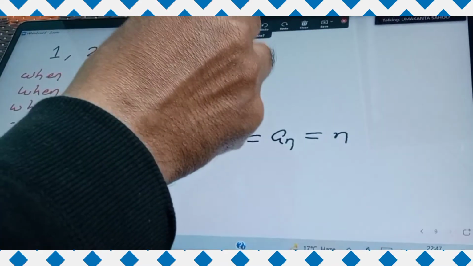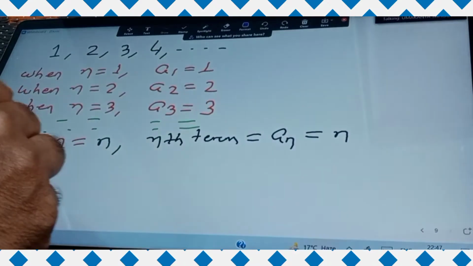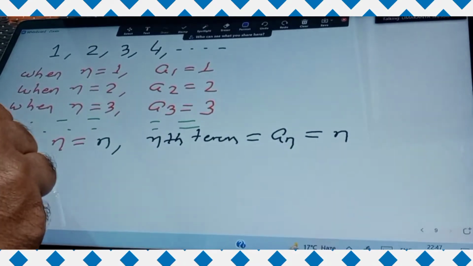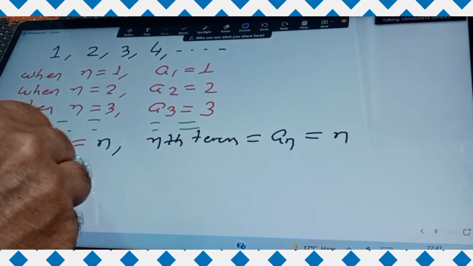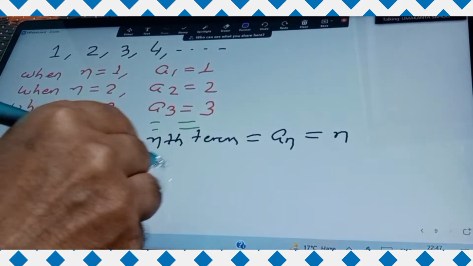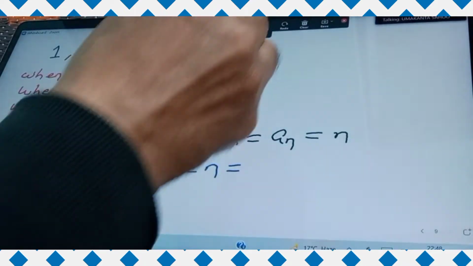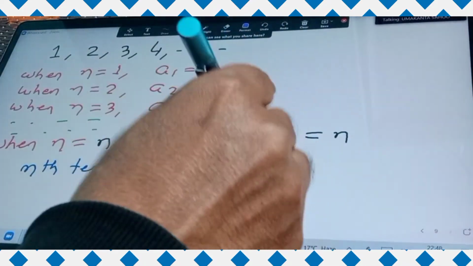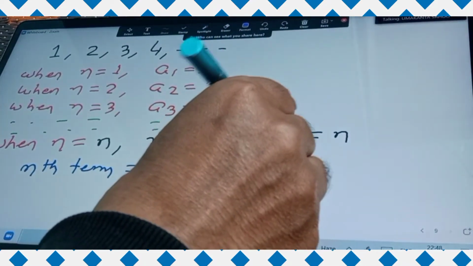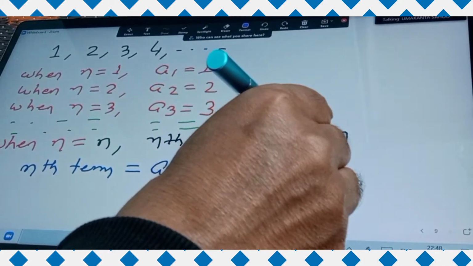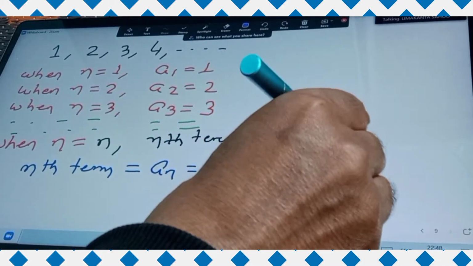So here an is equal to n. The nth term is the general term, or the explicit formula, the general term of the sequence.